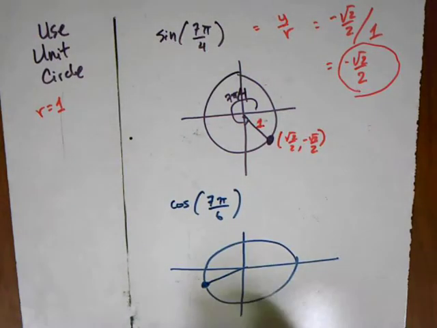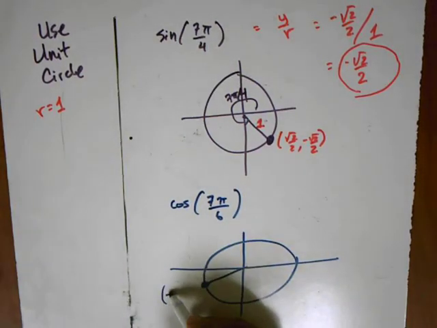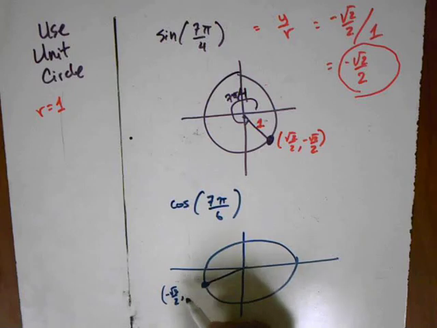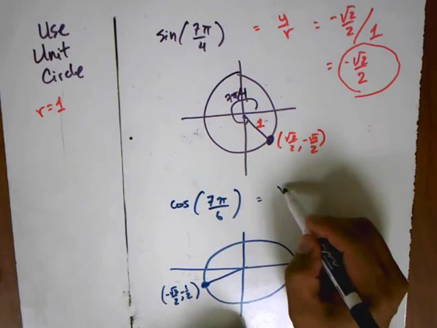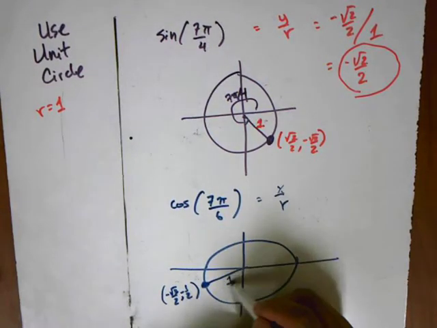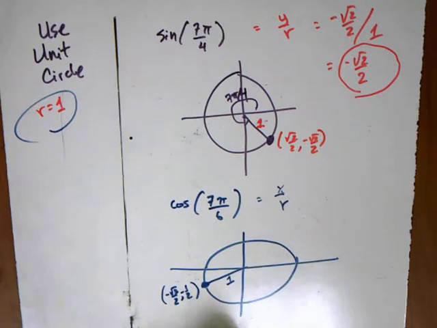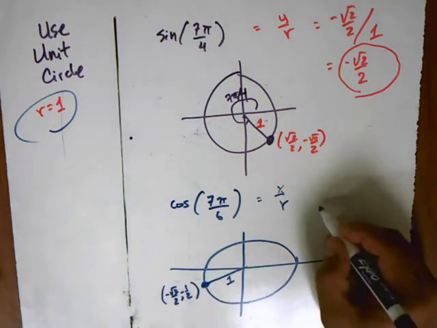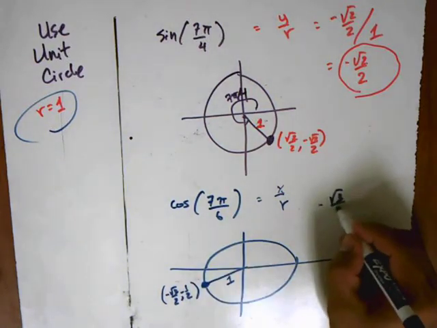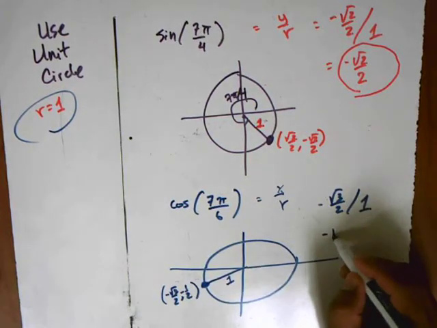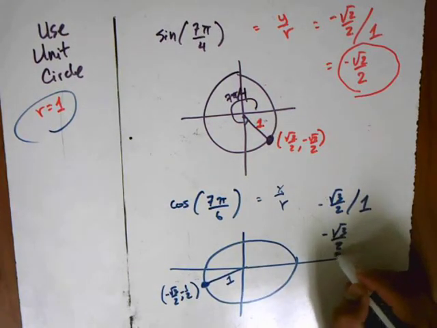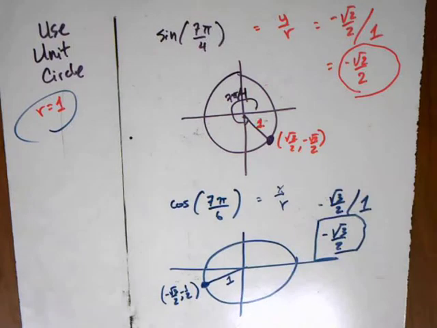And the coordinate of this point is negative root 3 over 2, and negative 1/2, I should say. Well, cosine is just x over r, but we know that r is always 1. So x is just negative root 3 over 2 divided by 1. That's just the x coordinate. So negative root 3 over 2 is our final answer for that problem.